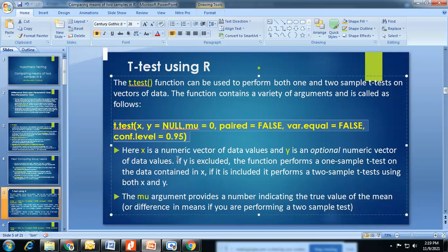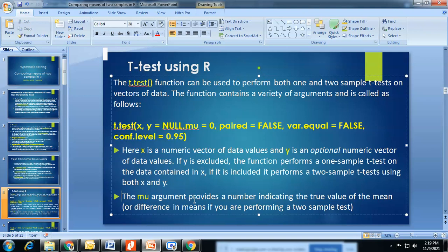So we have excluded y. If y is excluded, the function performs a one sample t-test on the data contained in variable x. Whenever we include y also, it is called a two sample t-test. Now what is mu? The mu argument stands for mean, or average.